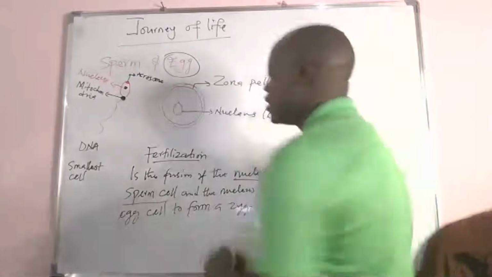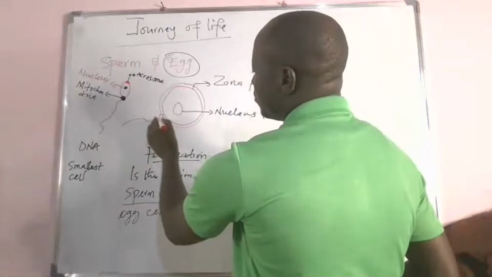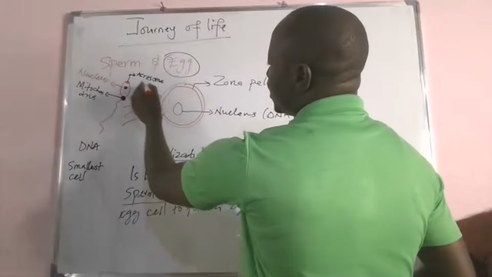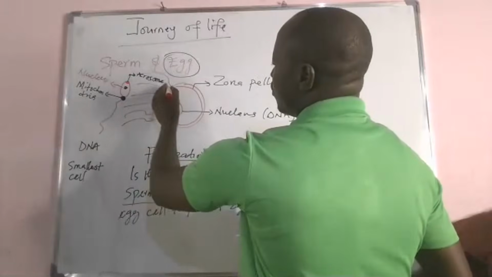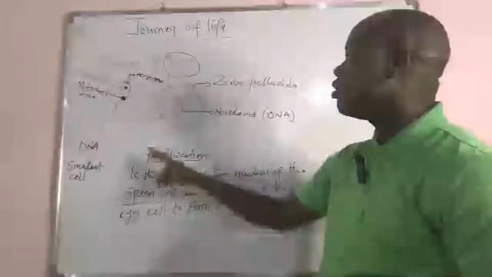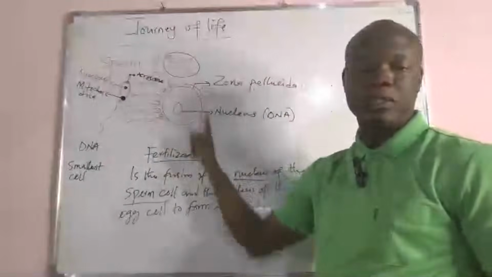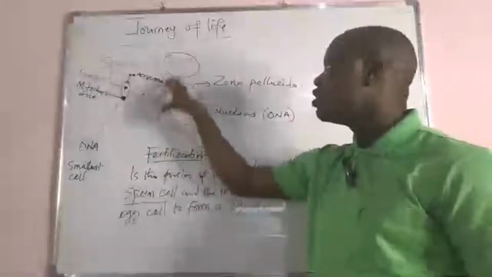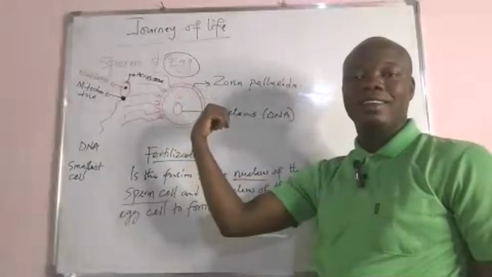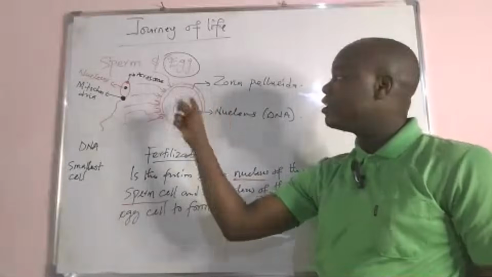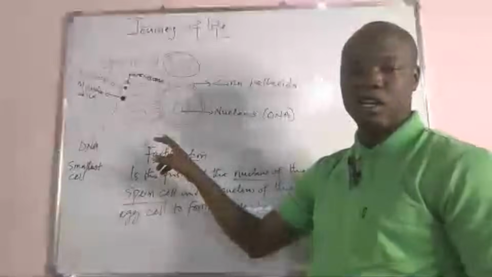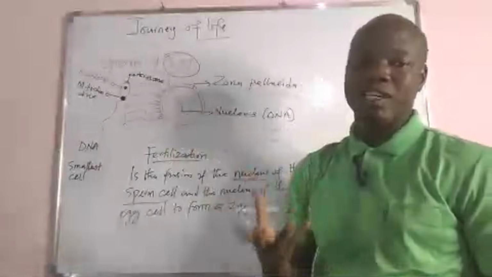You can have millions of sperm meeting the egg like this. If you look at the journey of life, you can see thousands of sperm circulating the egg, trying to penetrate into the egg cell, but they cannot because they are of low quality.